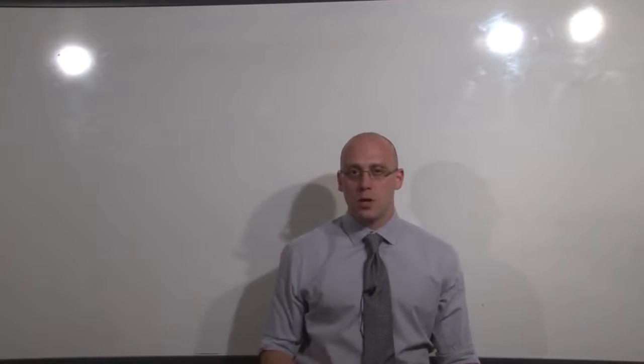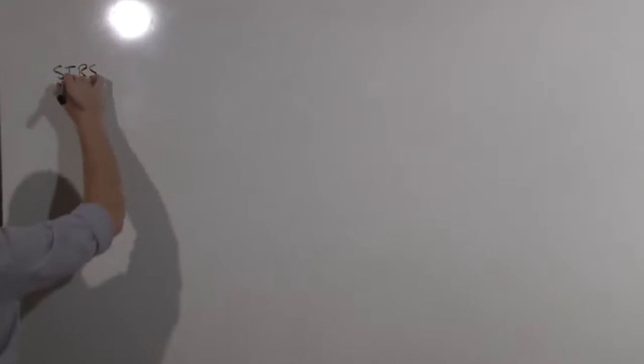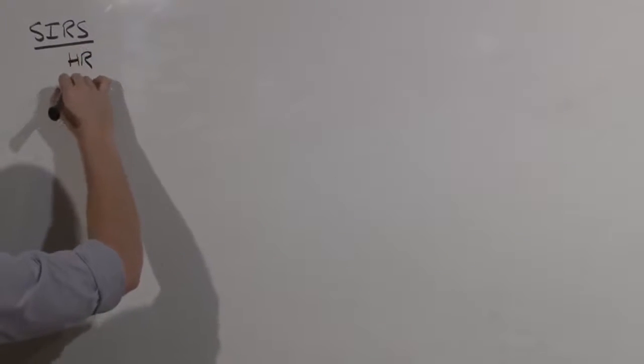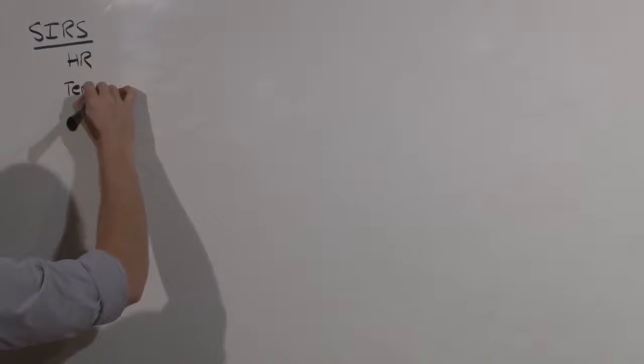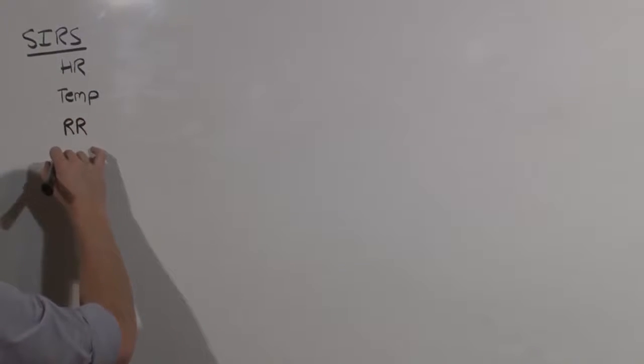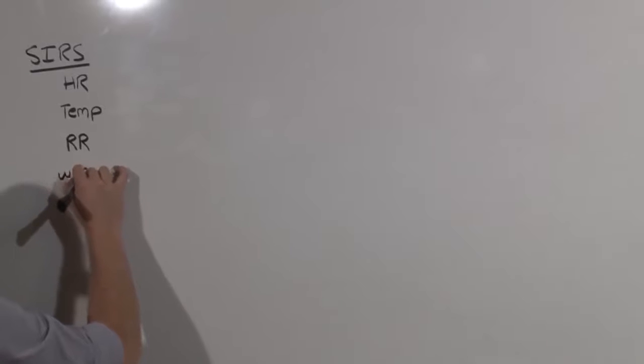Let's start off by talking about SIRS criteria and different types of sepsis. Every time you evaluate a patient, you have to assess for the SIRS criteria. SIRS criteria is based on the heart rate, the temperature, the respiratory rate, and the white blood cell count.